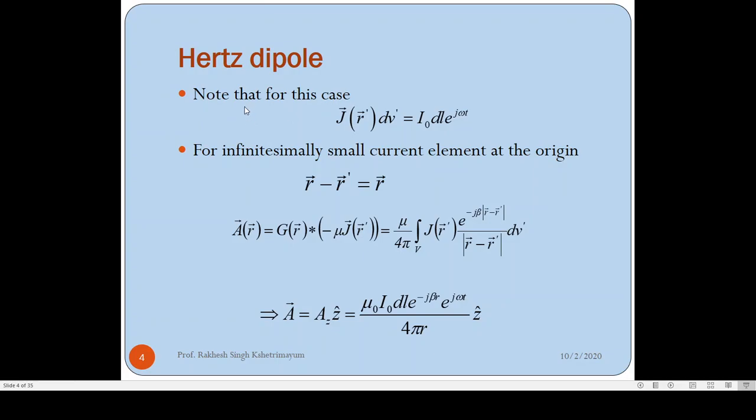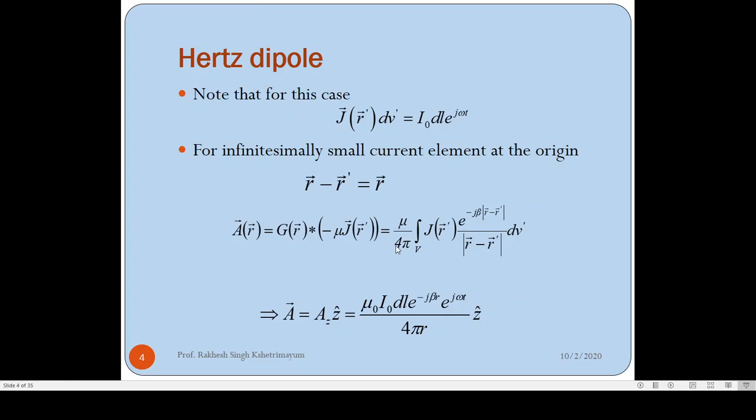So the first thing is the expression you have for magnetic vector potential, which is a convolution of Green's function with mu J(r'), and this is the final expression you have for the magnetic vector potential. It's very well known and most of you must be knowing.